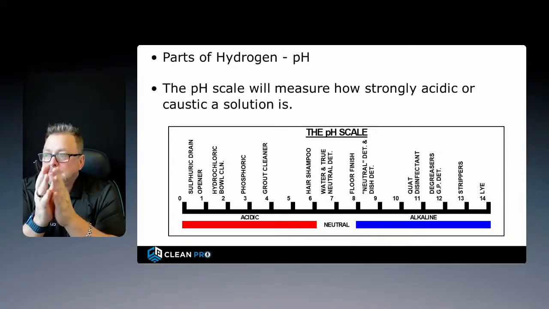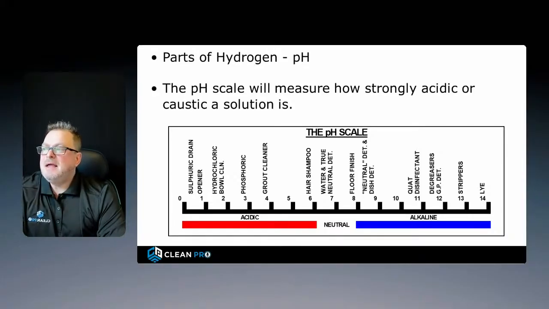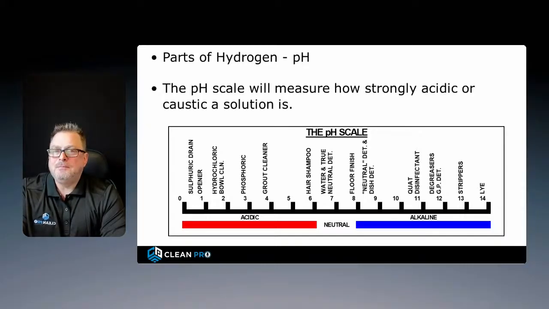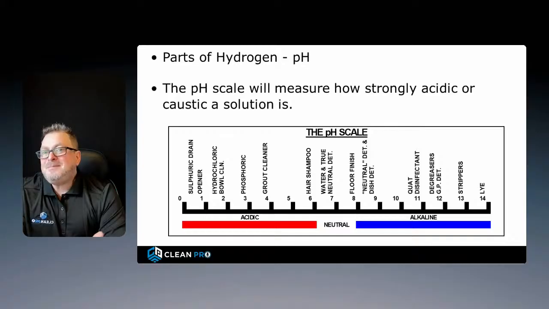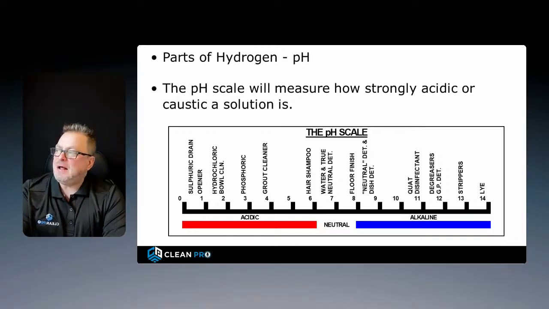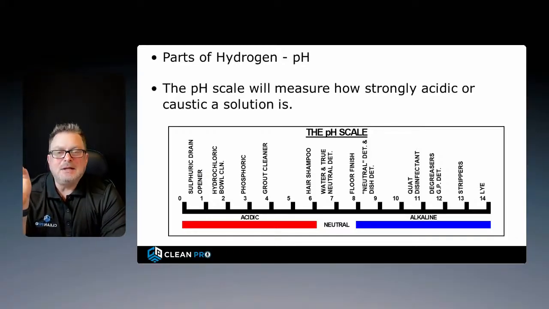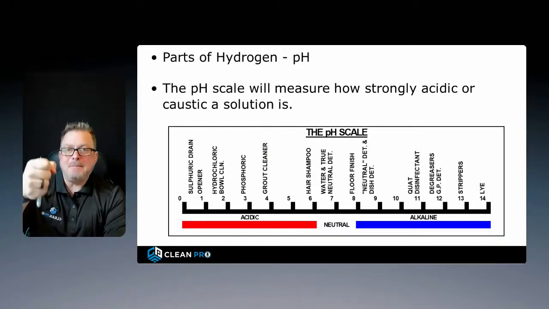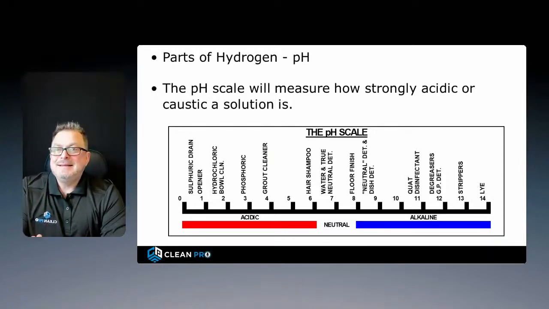Now, the other thing that's important to understand is where the products that you sell fall into this. You can see on this slide here, the 0 is like a sulfuric drain opener. Now, if you go into your warehouse and you sell sulfuric acid drain cleaners, they're almost for sure in a bag because they're bad.